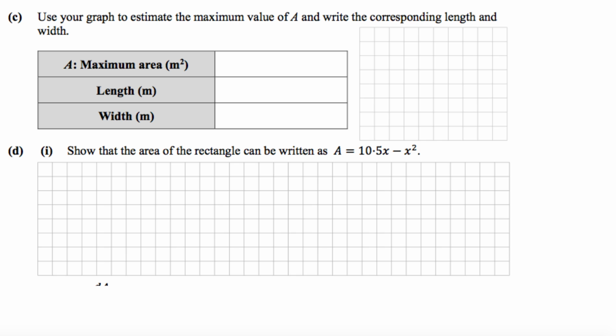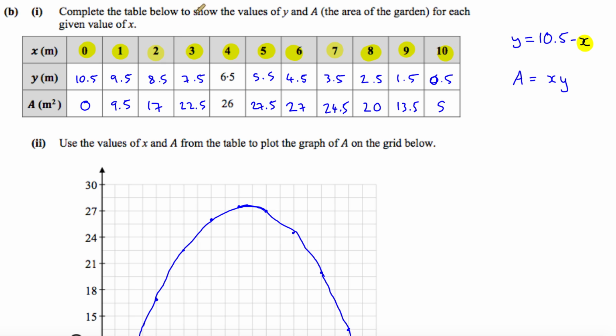Part C then says, use your graph to estimate the maximum value of A and write the corresponding length and width. Okay, well the maximum value of A would be this point here roughly.